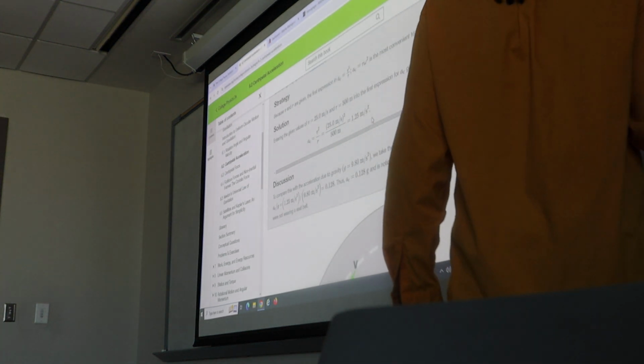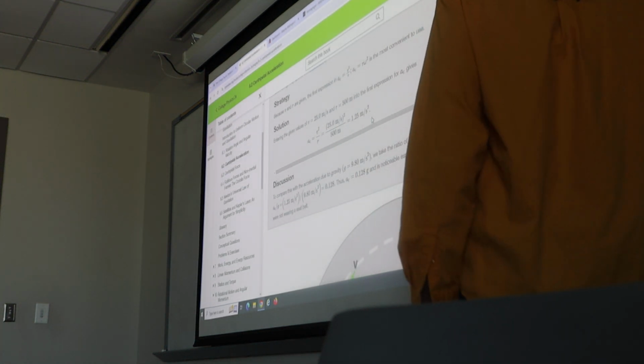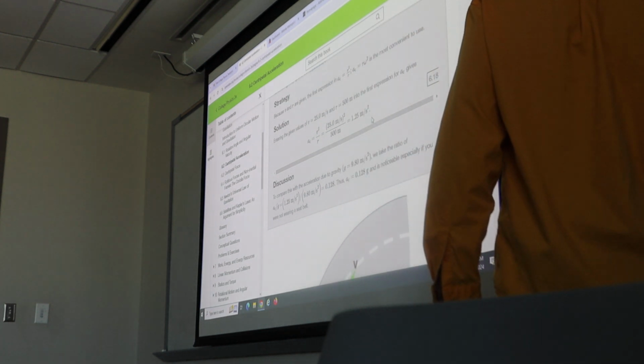So we could do either one, but we just found V, so let's try V squared over R.